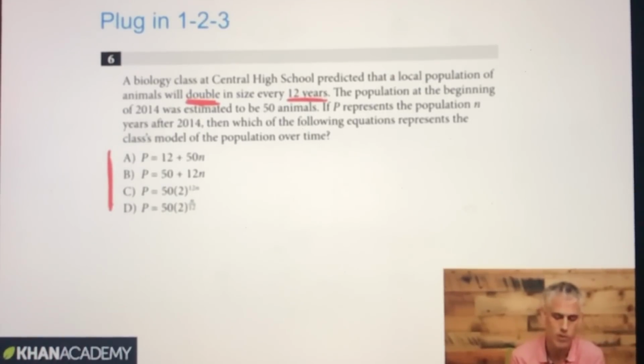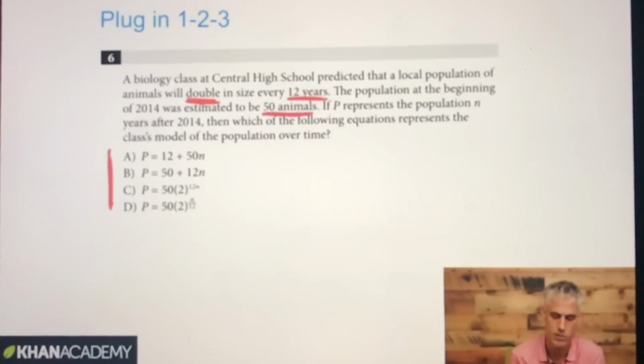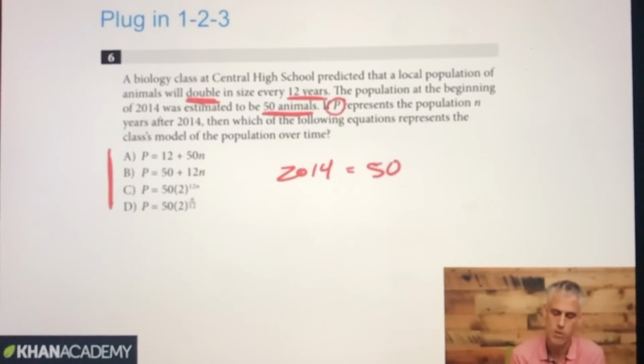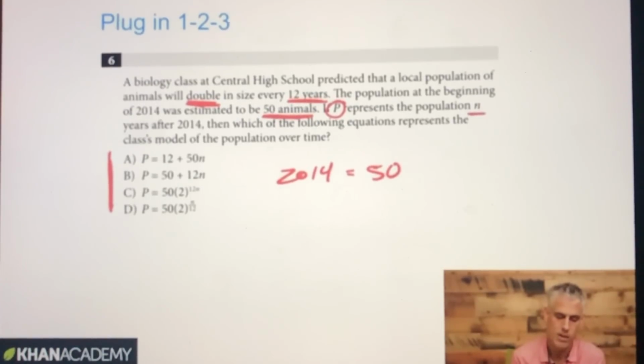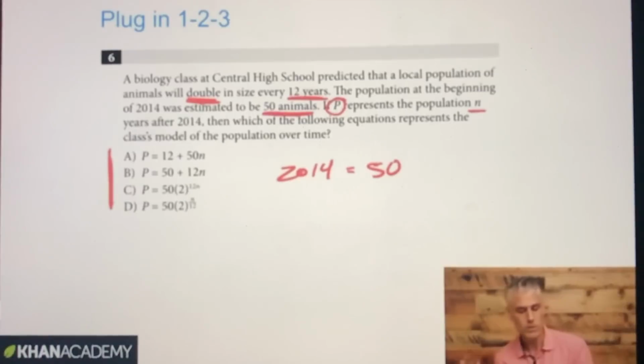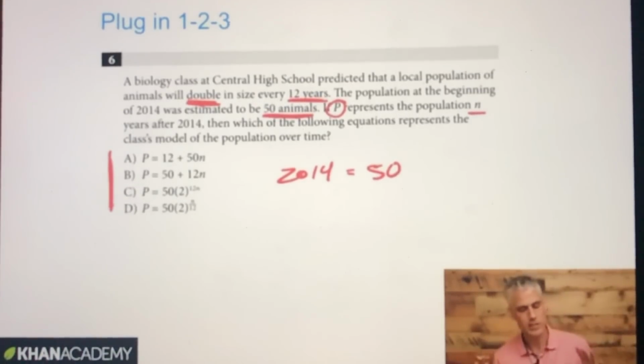The population at the beginning of 2014 was estimated to be 50 animals. So 2014 is 50 animals. If P represents the population N years after 2014, then which of the following equations represents the class's model of the population over time? Model of the population, kind of scary.